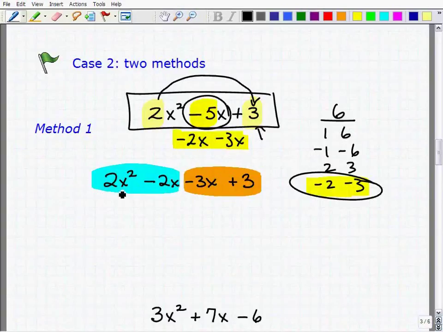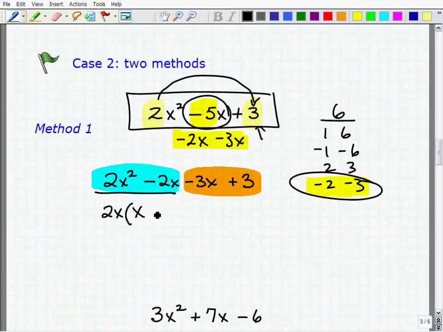All right, so let's take a look at the first group. You can see here that 2x will be the greatest common factor, and I can write this as 2x times x minus 1. If you don't understand what I did, you need to go back and take a look at how to factor out the GCF.